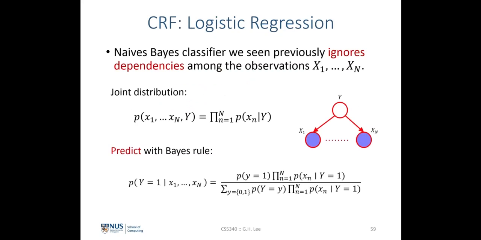A classical example related to the conditional random field is the naive Bayes classifier, which we have previously seen, but in that case we have seen that it ignores the dependencies among the observations.